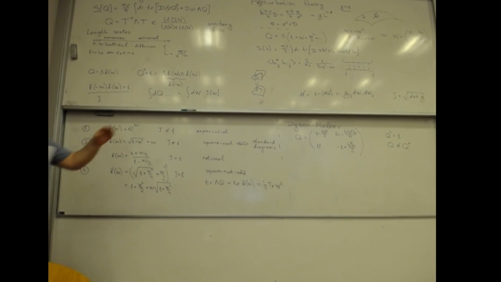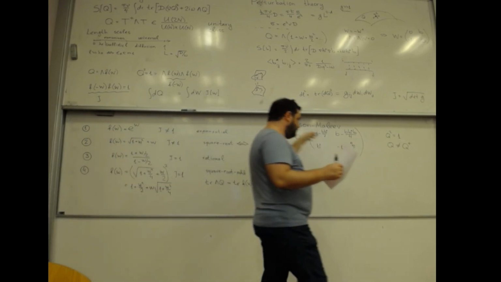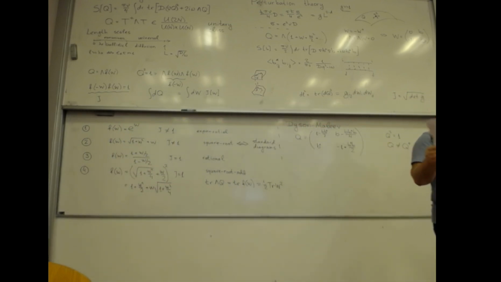Well, originally we have Q equal to Q dagger and Q squared equals 1, and we have an integral. Then it's just a question of how we compute this integral. We compute it by deforming the contours such that we break this identity.